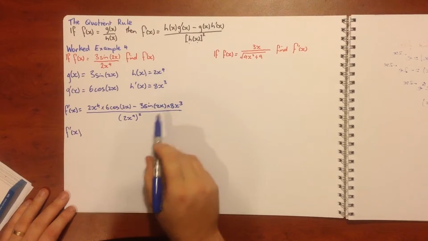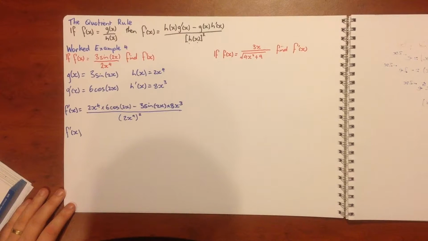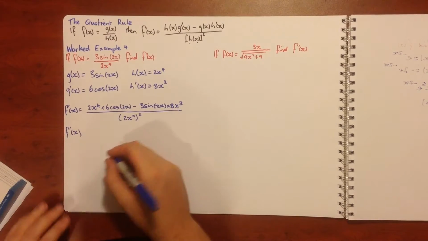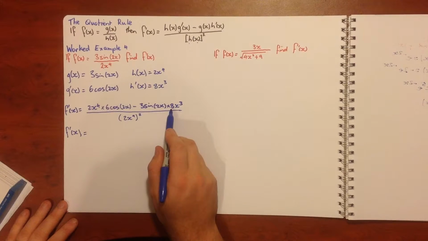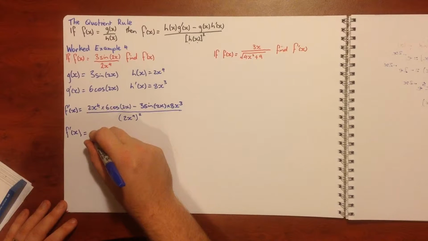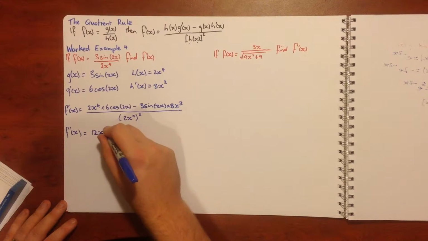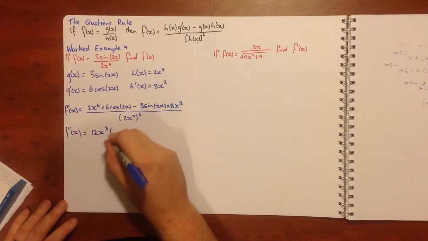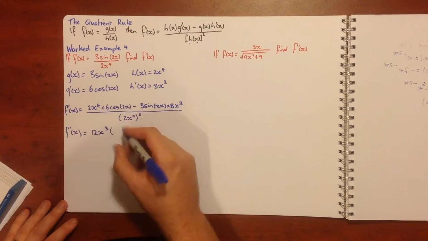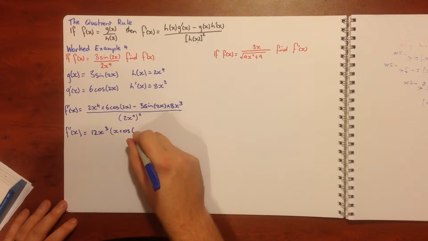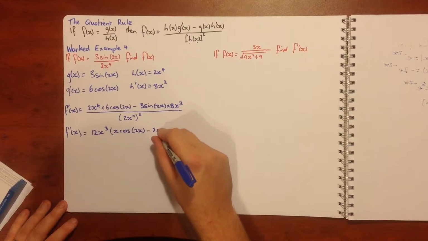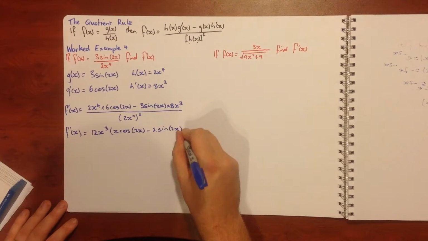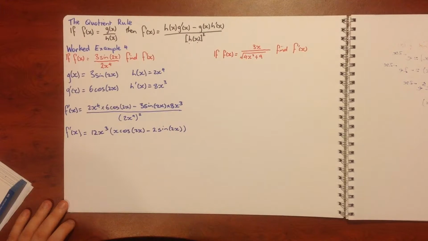We can bring out some terms here. We've got 2 times 6 is 12, and 3 times 8 is 24, so we're able to bring out 12x to the 3 outside of, so our numbers are gone there, we've still got an x though, so x cos of 2x, take 2 sine of 2x. Okay, so far so good.